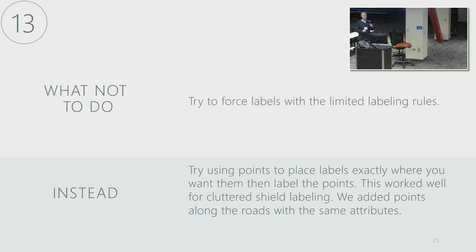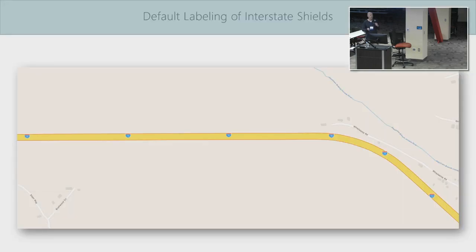This goes back, not only do you want to label everything, but you can't force labeling. You can do your best, but you're going to kind of have to live with a little bit of what Esri tells you you can do with the application. And one of the tricks we did, and I think I have a screenshot here, this is the typical labeling of an interstate, and those shields, I don't know, there's just too many of them.